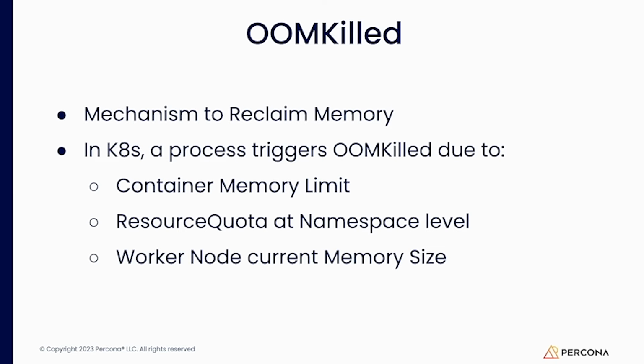If all the pods in that namespace reach that quota, the pod consuming the most memory will eventually be killed. And the last one is when the worker node is starving on memory; the same, the pod consuming the most memory will be evicted.